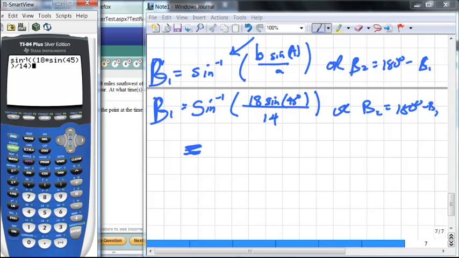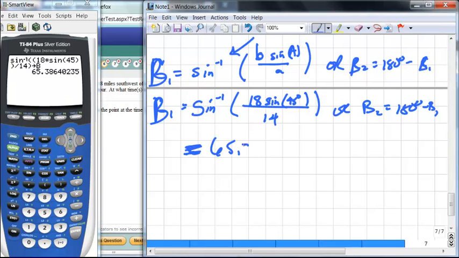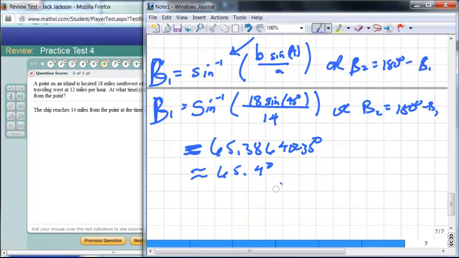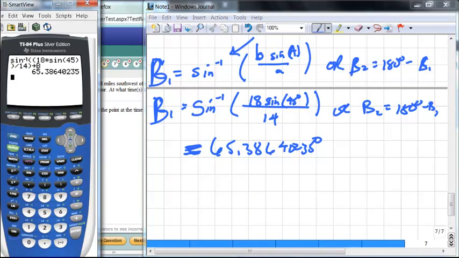I'm going to store this as B. So about 65.3864023 degrees. About 65.4 degrees. Well, we're going to come up with a time in a minute. But we won't round off here. We'll use the value that we have saved there.